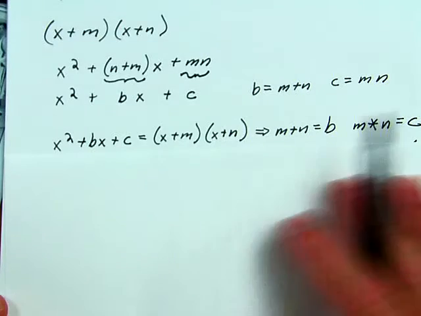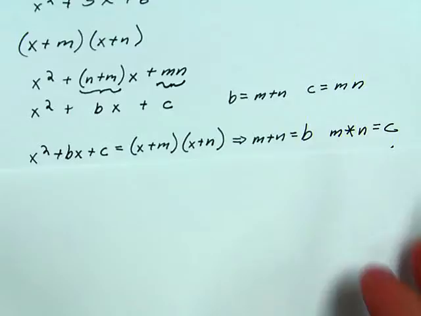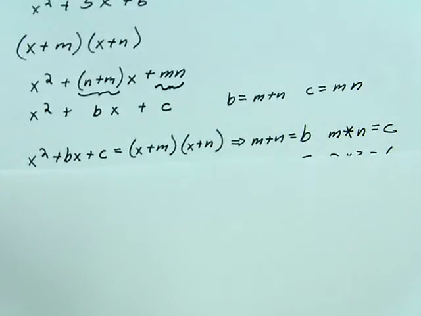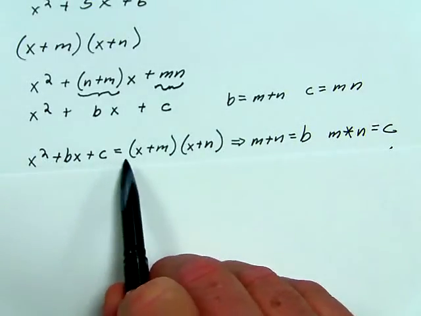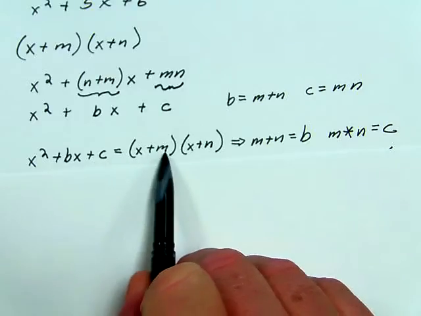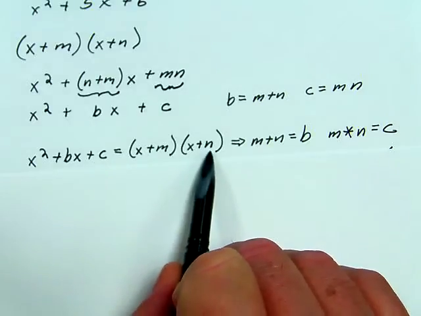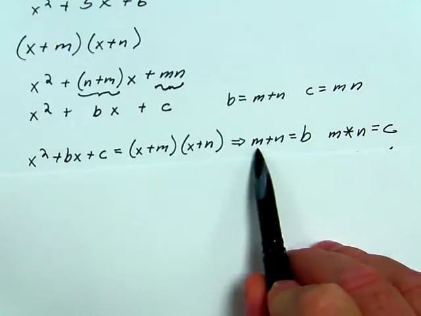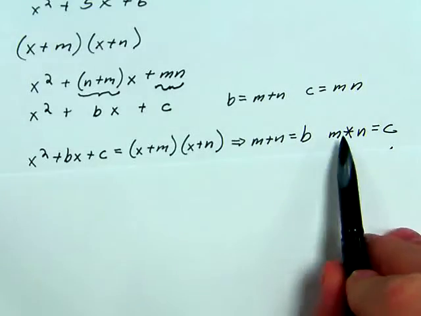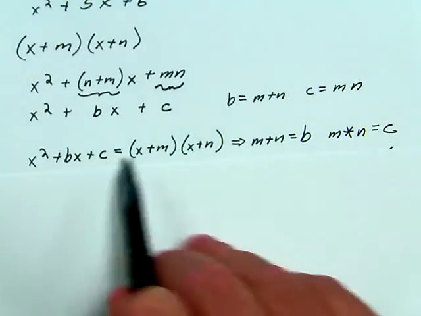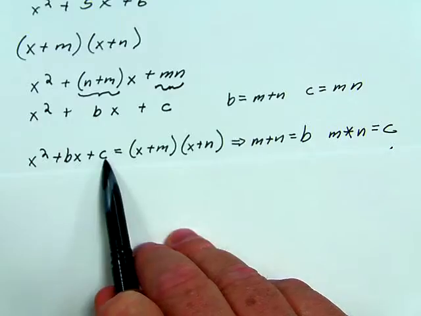Let's restate it very simply: x squared plus bx plus c is equal to x plus m times x plus n if m plus n is equal to b, the coefficient of the middle term, and m times n is equal to c, the last term.